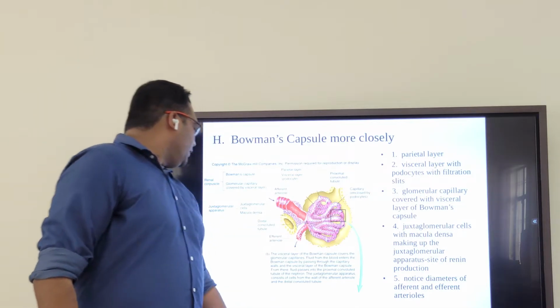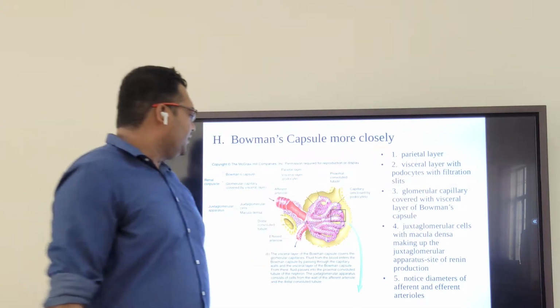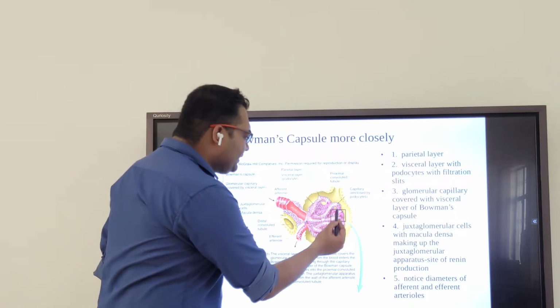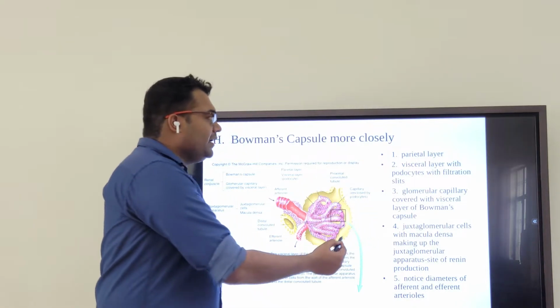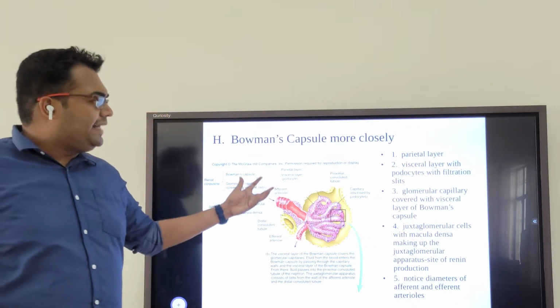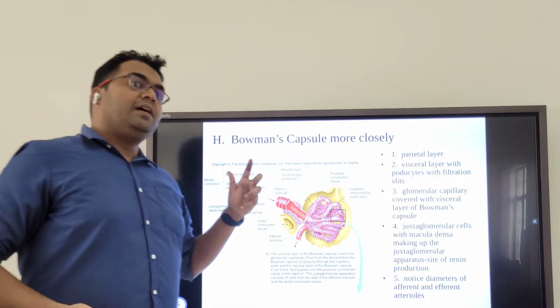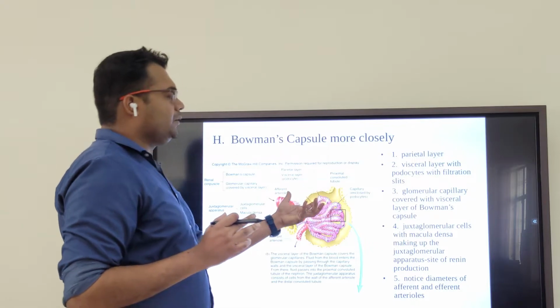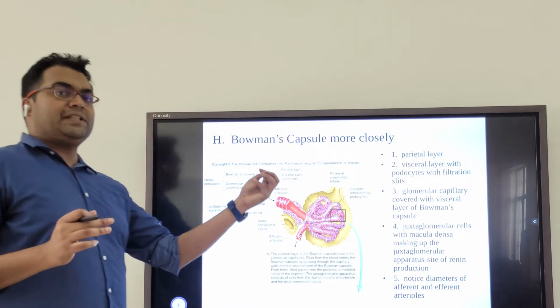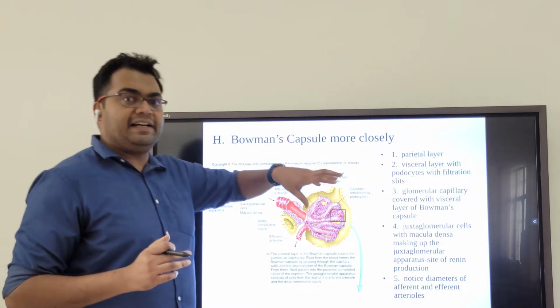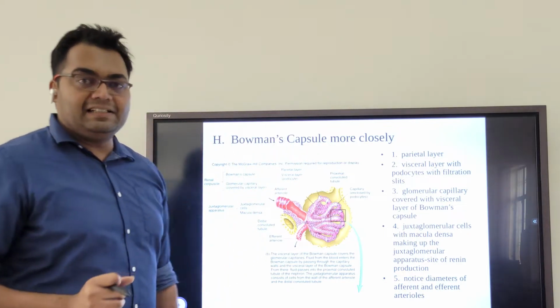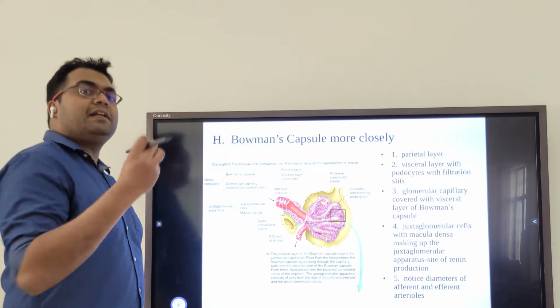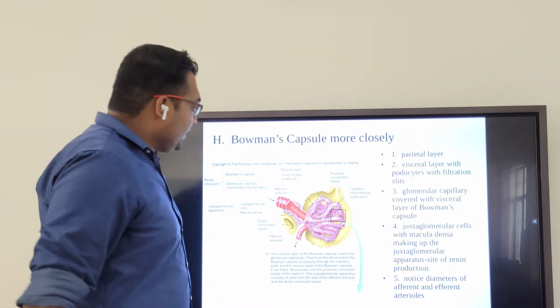coming over here, what we see is the parietal layer, the visceral layer, the podocyte. So specifically what happens in a nephron. What we know is the glomerulus specifically is also surrounded by mesangial cells, or Pulkissen cells, also known by the name Lacis cells.